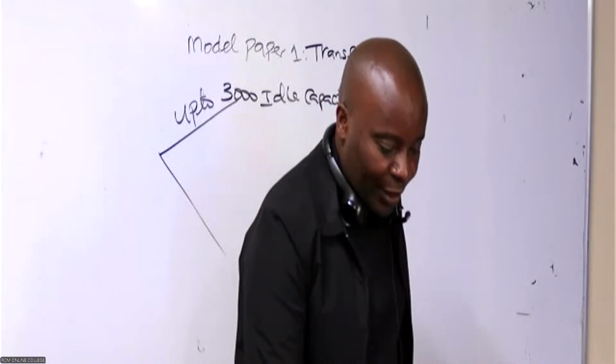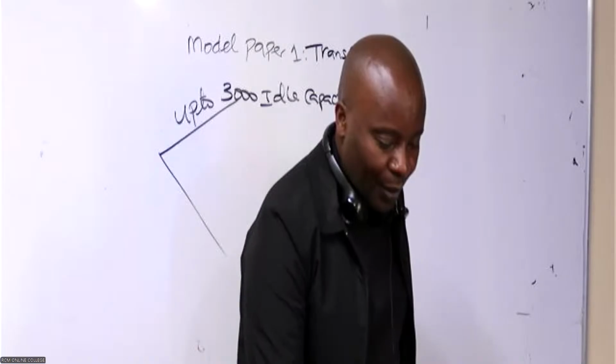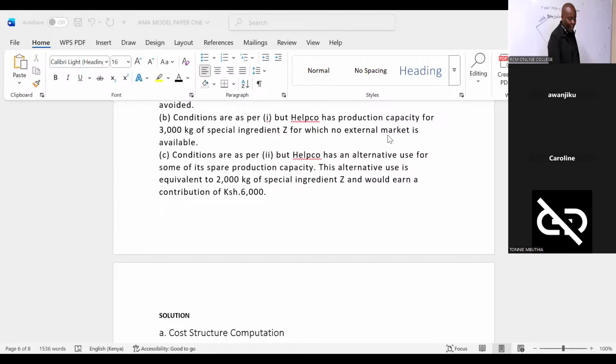That we have for condition 2. So for condition 2, what are we told? That the company has production capacity for 3,000 of this Z, for which there is no external market. If there is no external market, it means that we are idle.